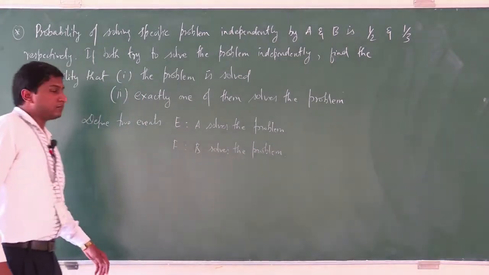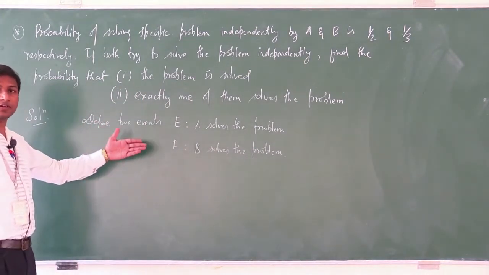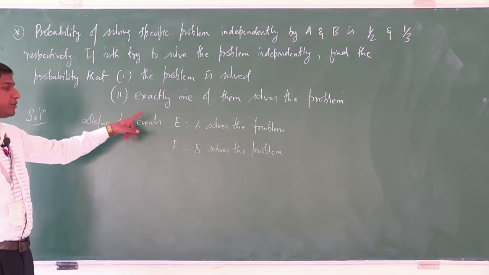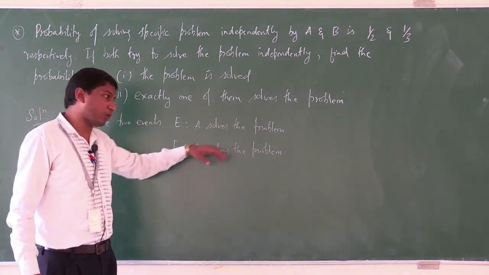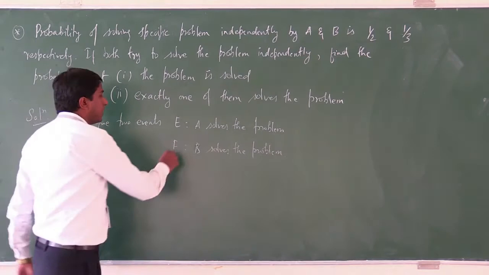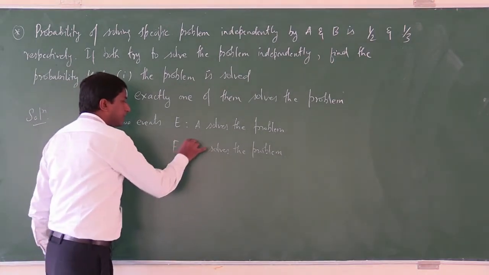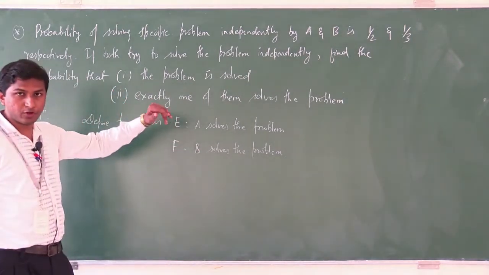Look here, how have we started the solution? I have defined two events. Event E is capital A solves the problem. Event F, I have defined as capital B solves the problem.